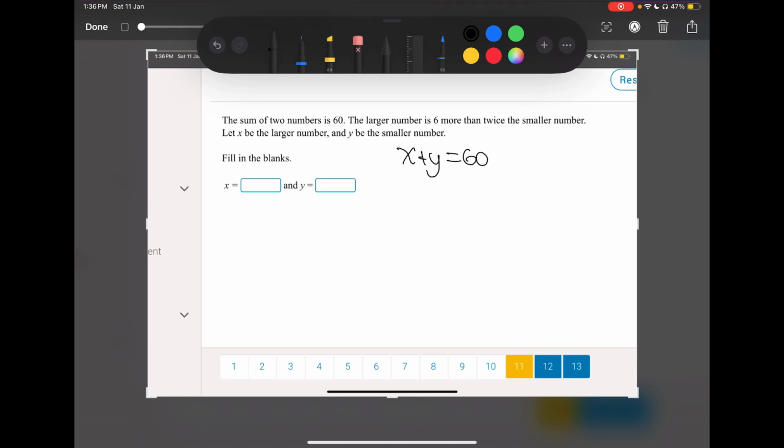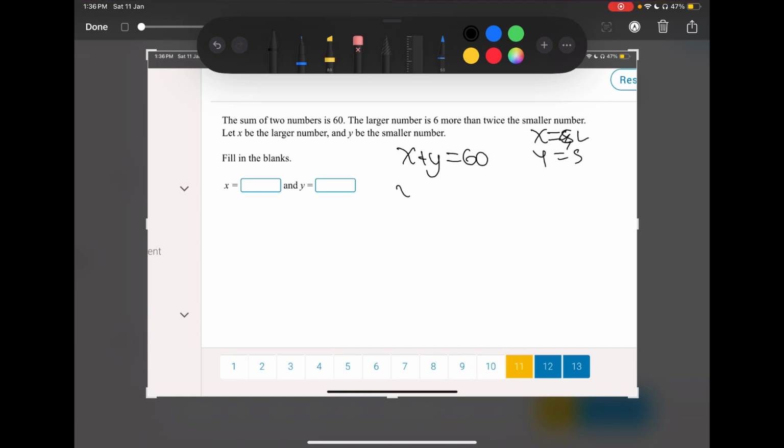Now, x is the larger number. x is large, y is small, okay? Now, the larger number is 6 more than twice the smaller number.